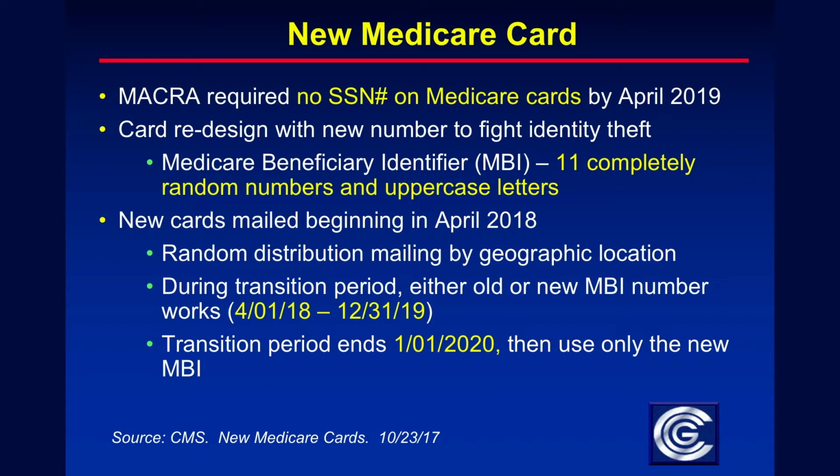New cards get mailed beginning in April 2018. During the transition period from 2018 to 2019, both the old and new Medicare beneficiary identifier number will work on claims. The old Medicare beneficiary identifier number expires January 1st, 2020.